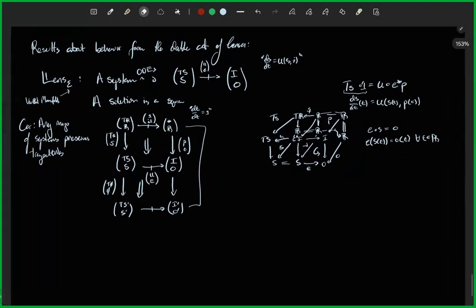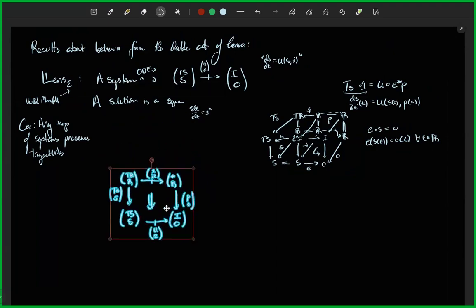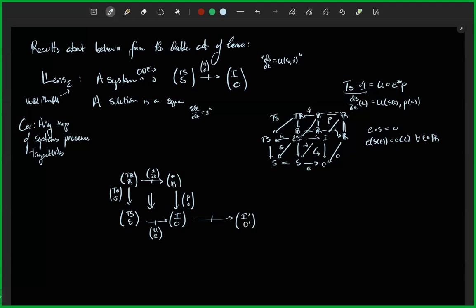What's more interesting is that we get a result about coupling. So remember that a wiring diagram, a coupling, took the form of a lens like this. Now, in general, we might have multiple systems on the left-hand side, and we'll come back to that in a moment.